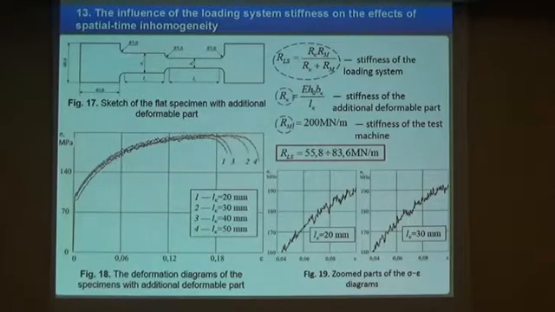Another type of specimen is a flat specimen with an additional deformable part. By use of this geometry, we have this range of the stiffness of the loading system, and there are some deformation diagrams and the zoomed parts of them.